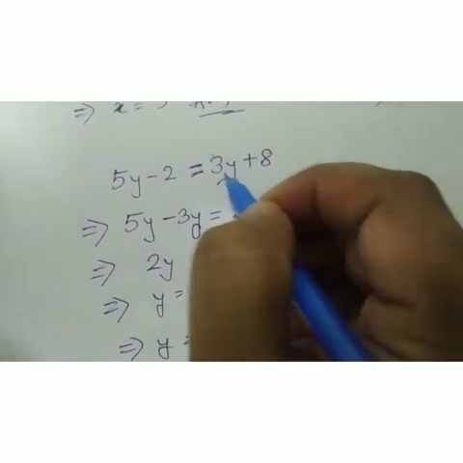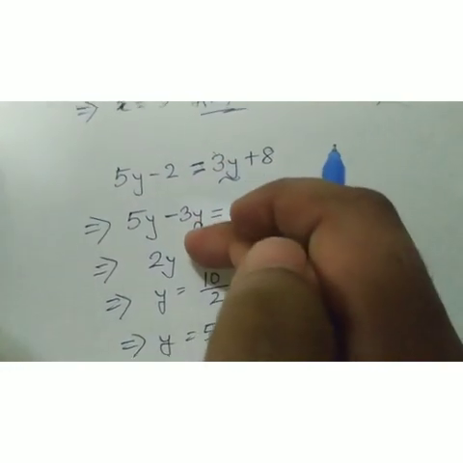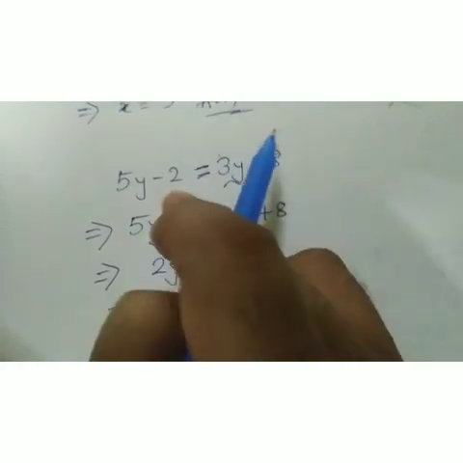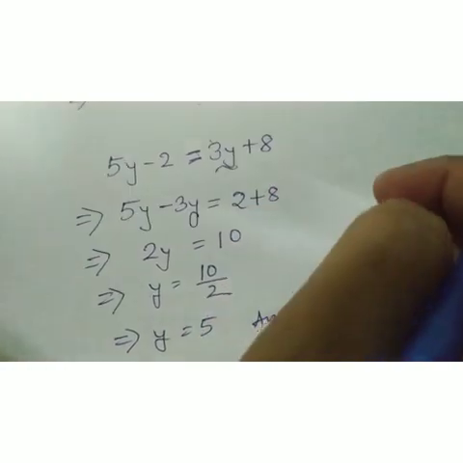Here it was plus 3y, so if I shift to the left side, it becomes minus. Here minus 2 was on the left side, if I shift it to the right side, it becomes plus 2. So be careful about these things.